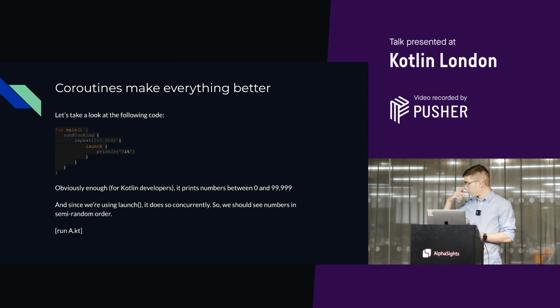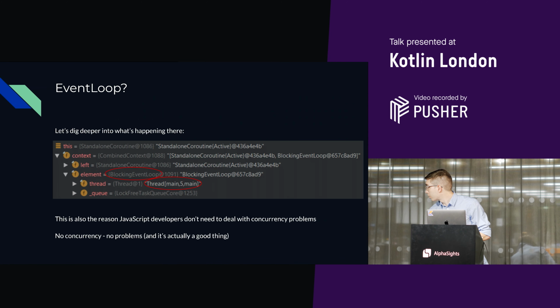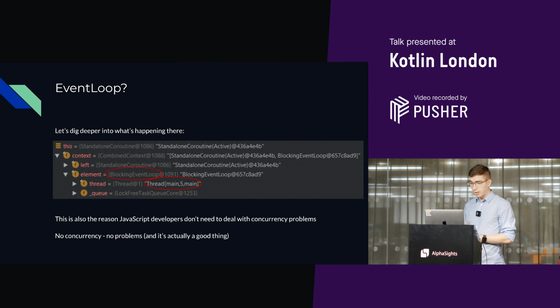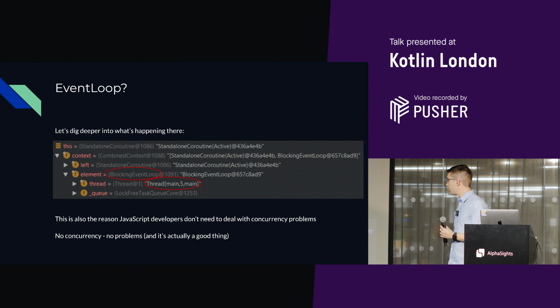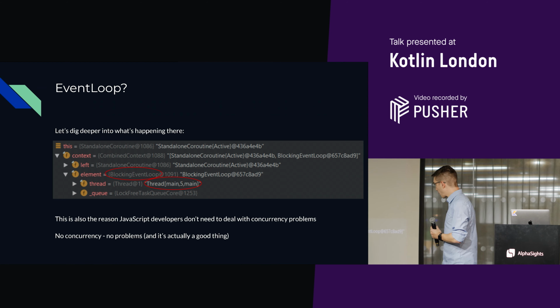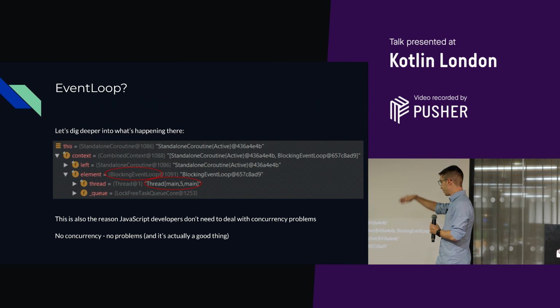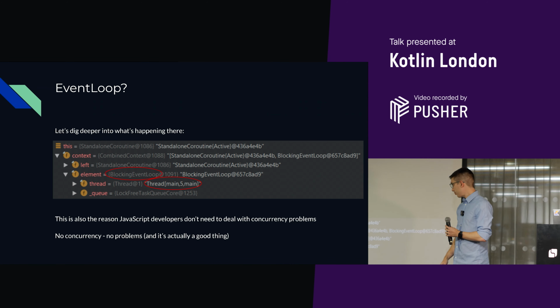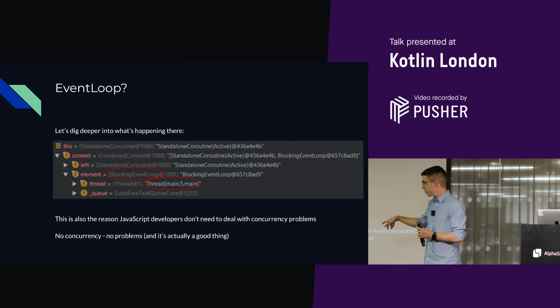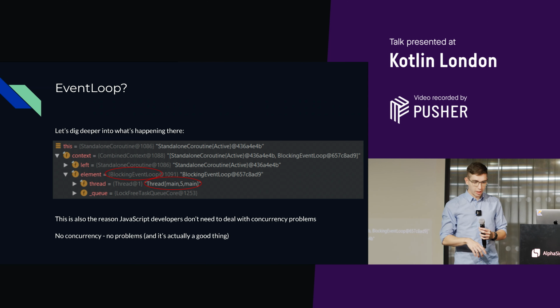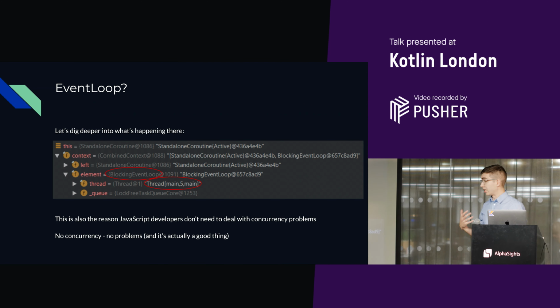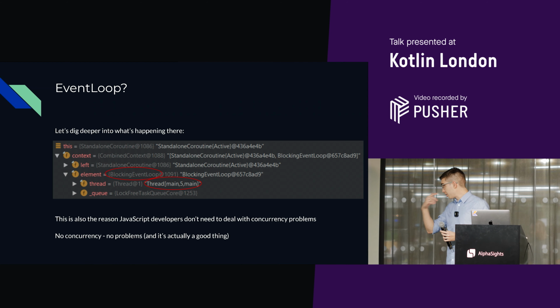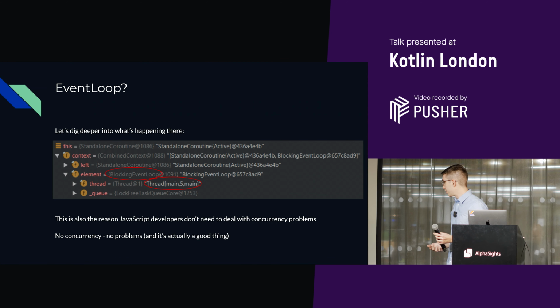They are all ordered and not in semi-random order. Because if we dig deeper inside the code, we'll see this. There is actually an event loop, since we run this code from the main thread and runBlocking creates an event loop. And the event loop uses only a single thread.